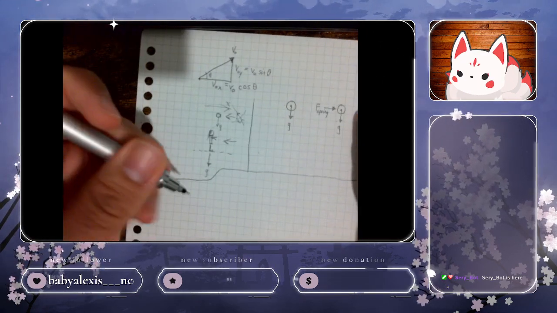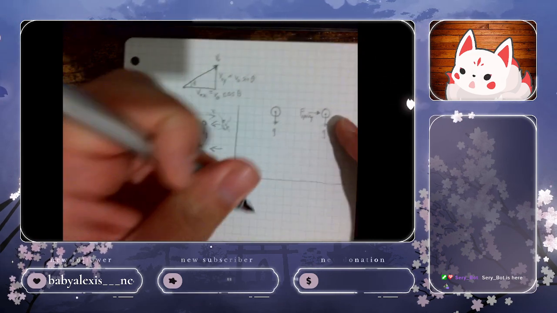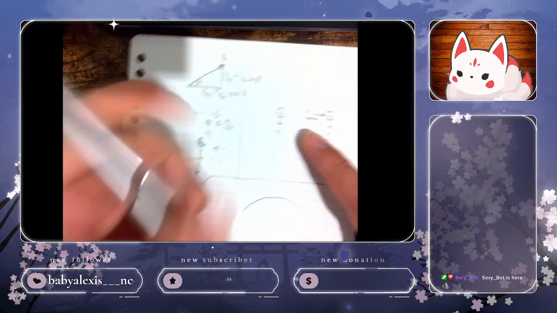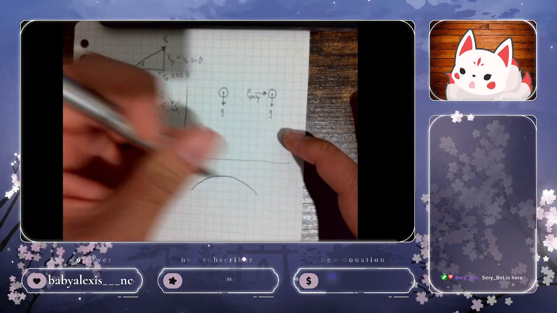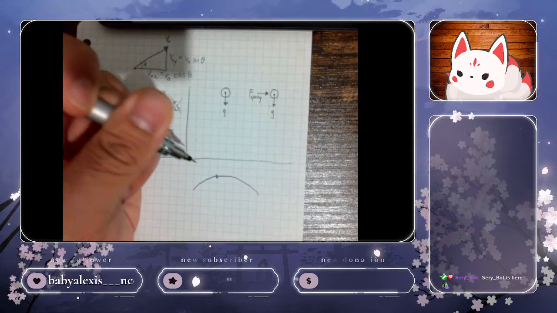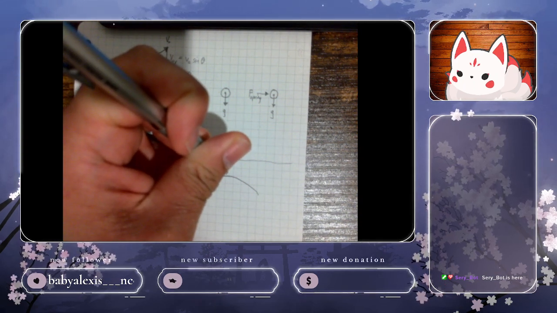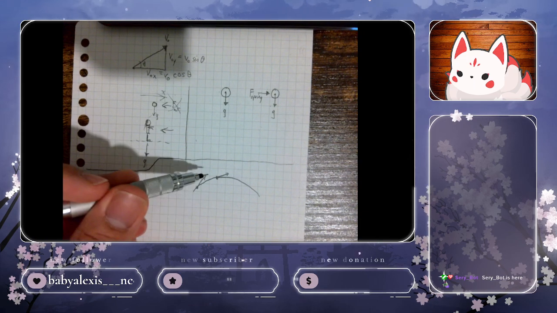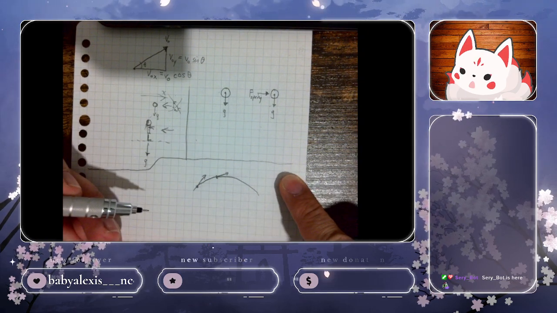There. Alright, so if we look at an arc, this is the path to travel. Right before this moment, the velocity is like this. Before it was like this. So as you can see, it's getting flatter as it goes.